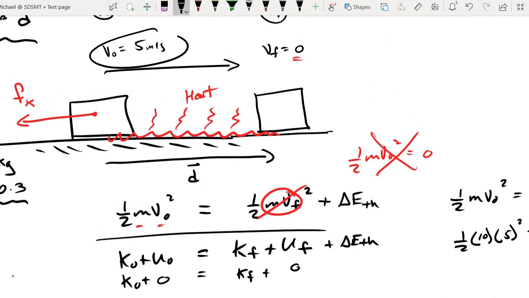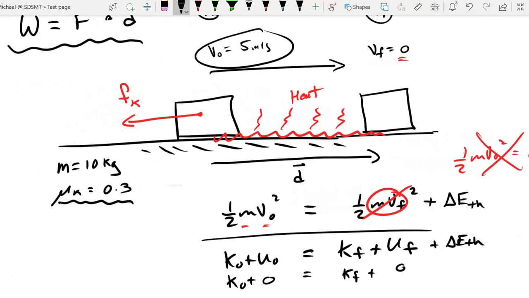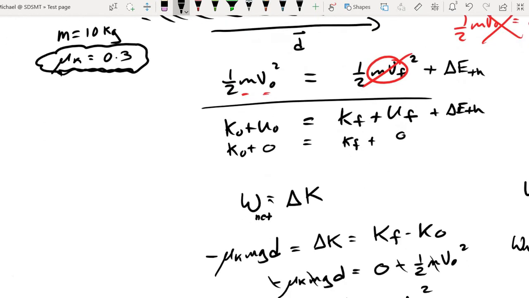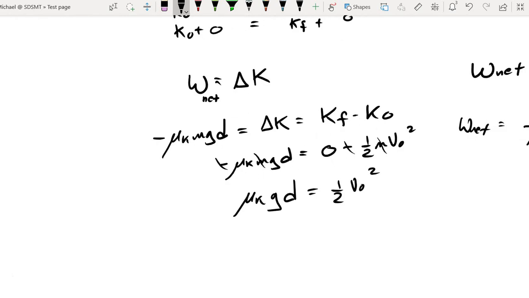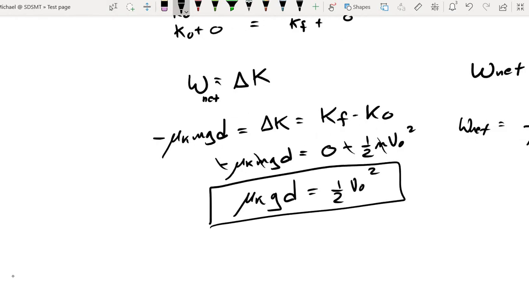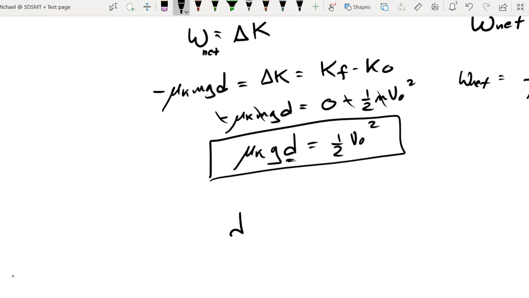We know what the initial velocity of this block was. We know what the kinetic coefficient was, and so the only thing that we don't know in this expression down here is what was the stopping distance. So that is something that we can solve for.